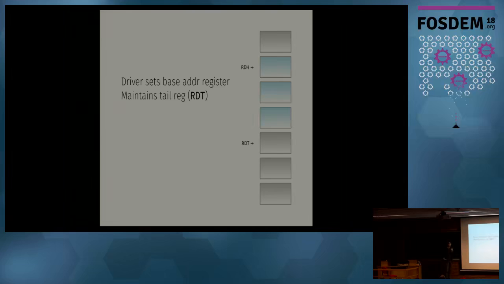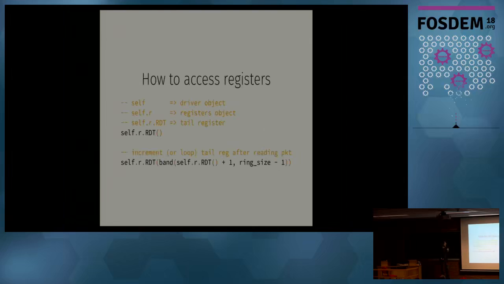In the actual driver code, how we manipulate these registers is pretty straightforward. To access a register, you use a call like the one here, which accesses the self object, which is the driver object itself, and then accesses this .r field, which is a table of all the registers that the driver uses, and then you can access the RDT field in that, which is an object that you can call to get the value that's currently in the register.